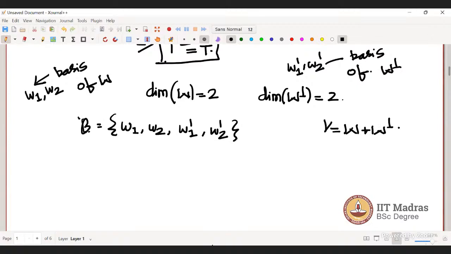Nothing related to null space or image, nothing like that. I'm just using this fact. Since V is W plus W perp, if I pick a basis of W and a basis of W perp, and take the union, then that will give me a basis for V.